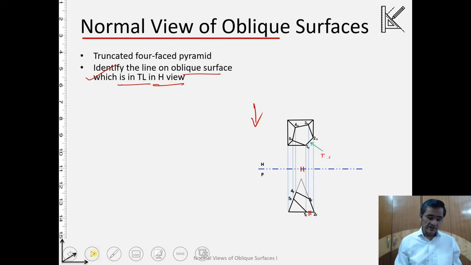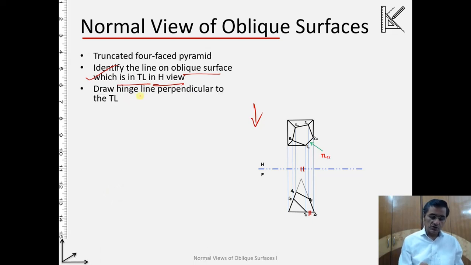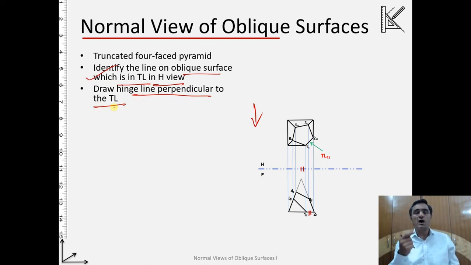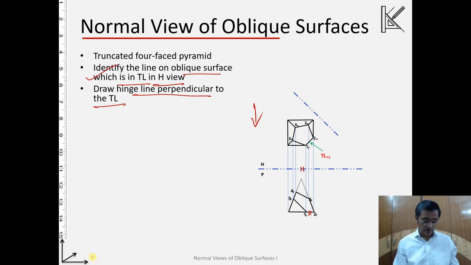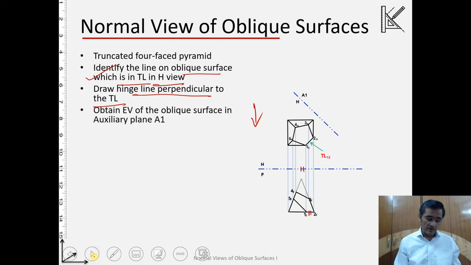Okay, once the line is there, what is the second step that we do? Second step is we draw the hinge line perpendicular to true length, because we want to create a point view of that line. So if we draw the hinge line perpendicular to the true length, and then on auxiliary plane A1 we will project.